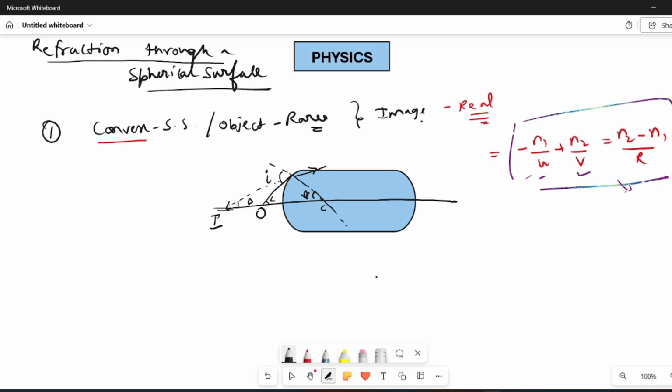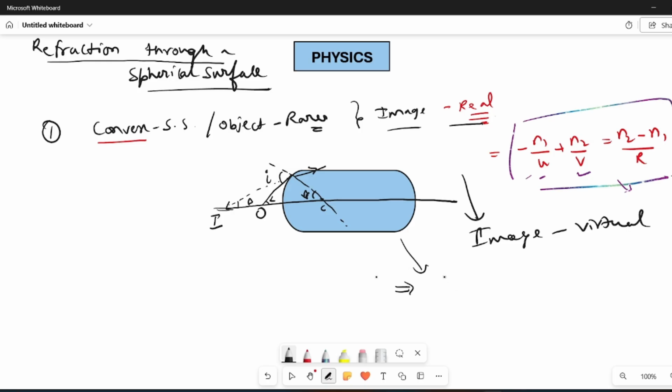Earlier, in all the cases, the image was real, but in this situation my image is going to be virtual. But when you solve this equation for all the values of angle of incidence and angle of refraction, what really surprises is that your result will come out the same.